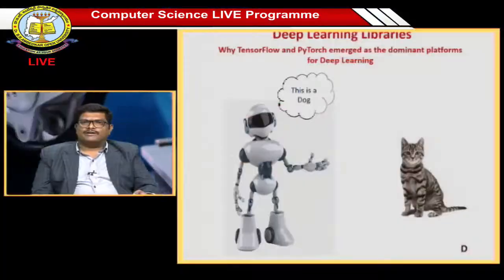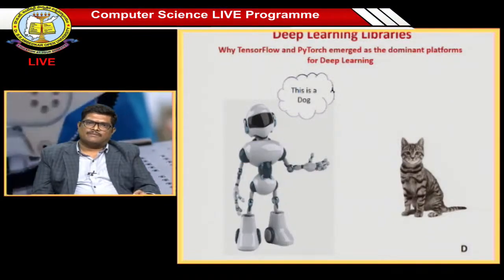Deep learning is a very complicated and complex subject to deal with. It is very code intensive, and it is very complex to understand. If you look at this picture, a robot is trying to identify a cat. This simple identification task takes lots of code to train a robot to identify what is a cat and what is a dog.